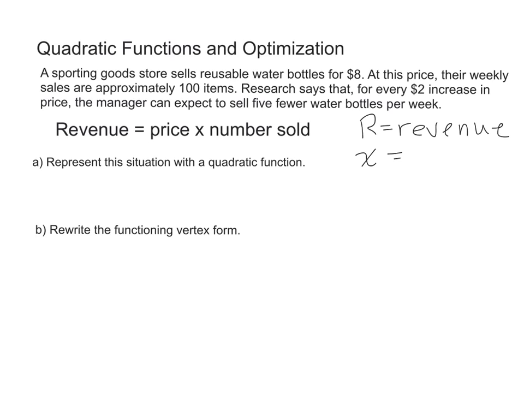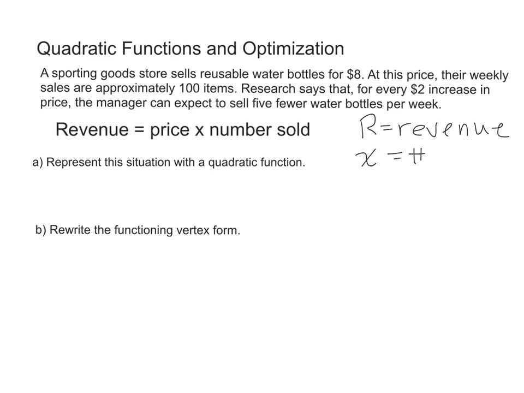It's not going to be the number that's sold that they're varying. They're varying the price, but how are they varying it? Right, by price increases, which are each 2. So X or N or whatever you decide it's going to be is actually going to be the number of increases in price.